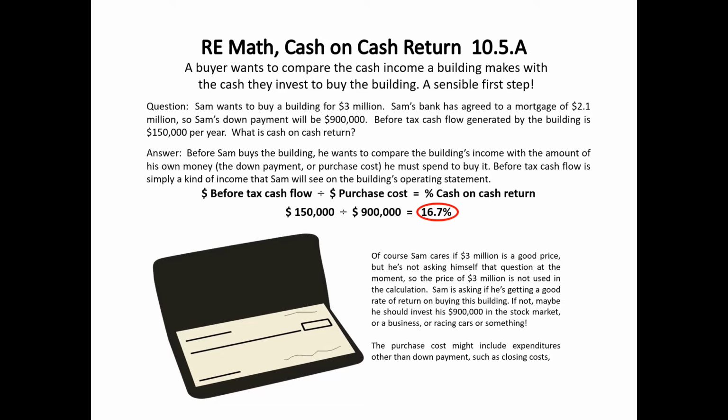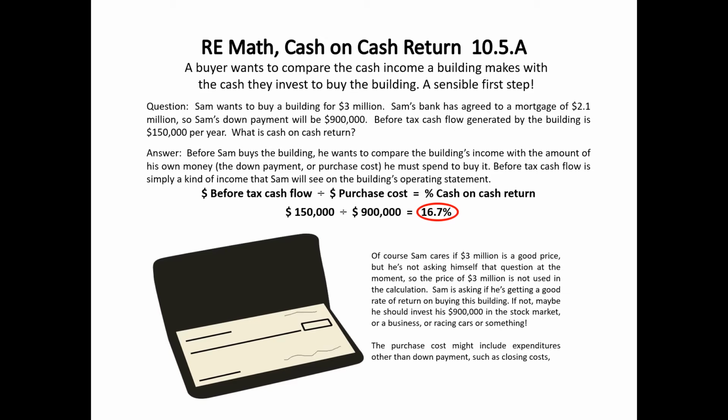What Sam is asking himself is if he's getting a good rate of return on buying this building, because he's comparing the income that the building makes to the amount of his own cash money that he has to spend in order to buy it. Now, if he's not getting a good rate of return for his cash investment, maybe he should invest his $900,000 in the stock market or a business or race cars or something.